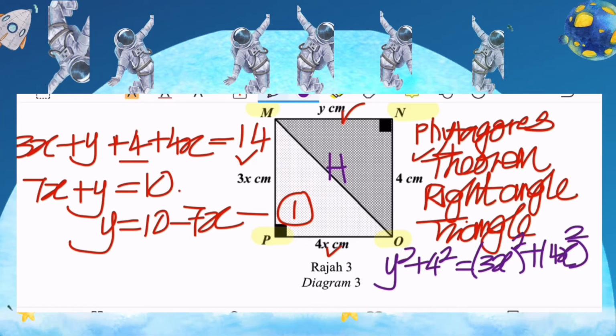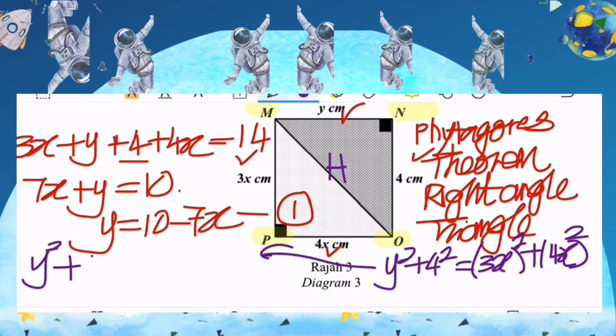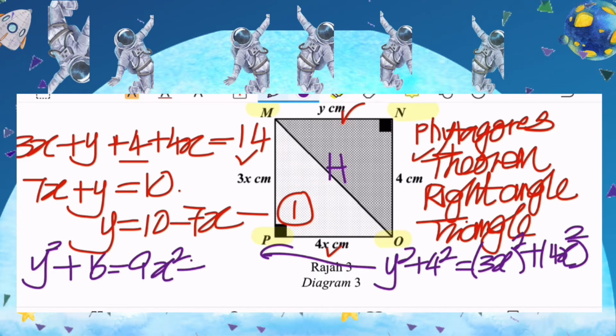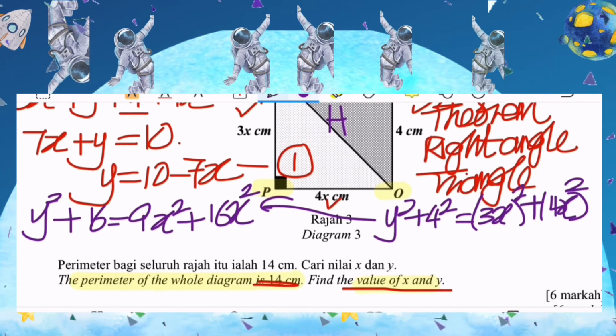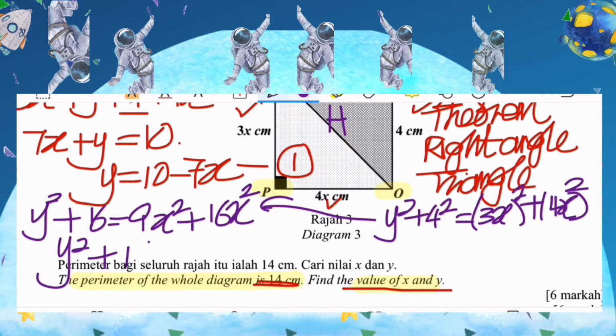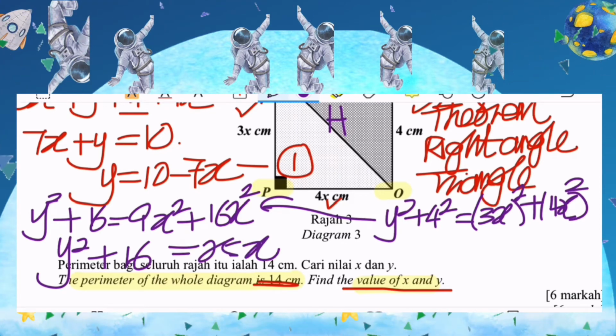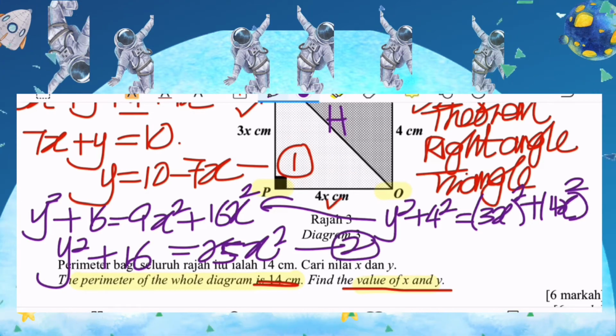Now from here we will get another equation, which is the so-called nonlinear equation: y squared plus 16 equals 9x squared plus 16x squared. So we can simplify first before we substitute the y from equation number 1. So we have y squared plus 16 equals 25x squared.